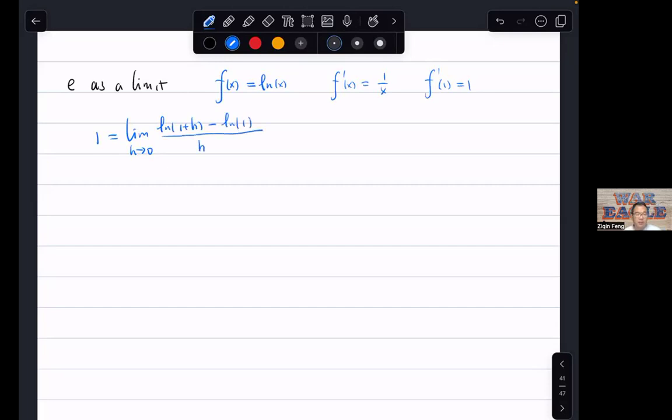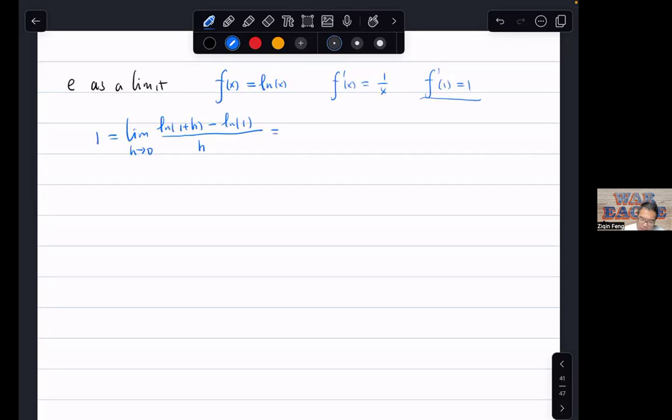So that's basically the meaning of that. f prime of 1 equal to 1. Use our definition of derivative, right? Derivative is a limit of a rate of change, the difference of y value over the difference of x value, right?